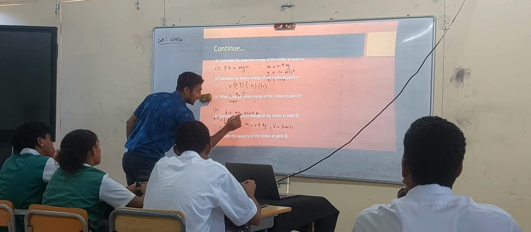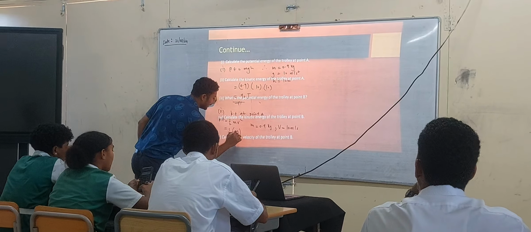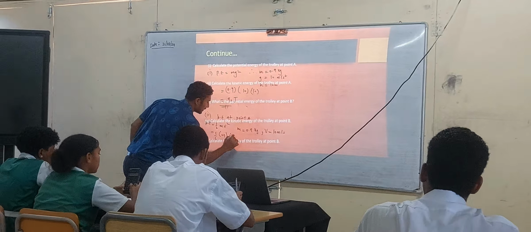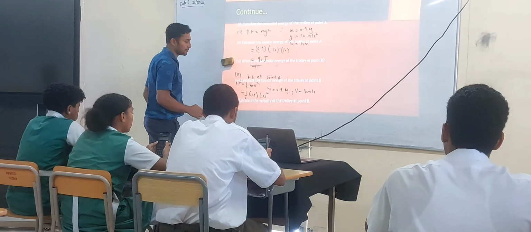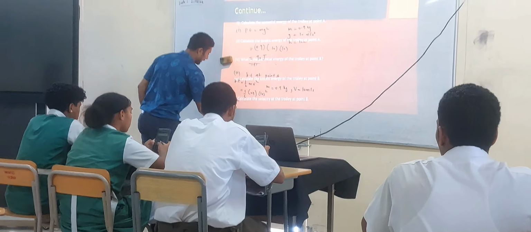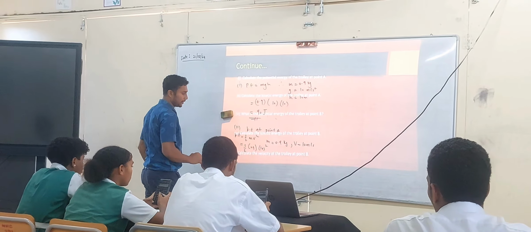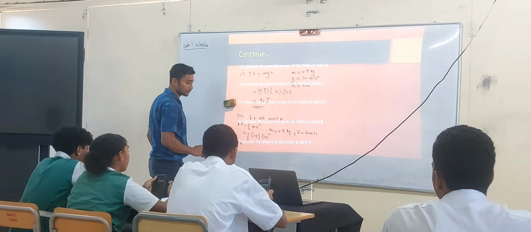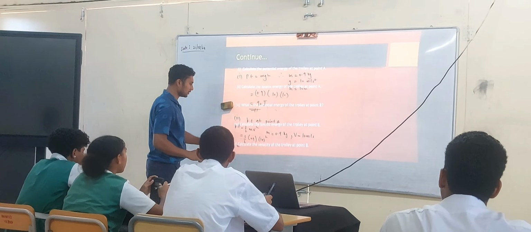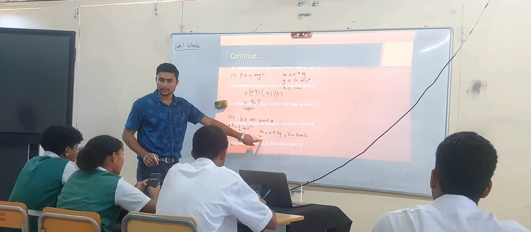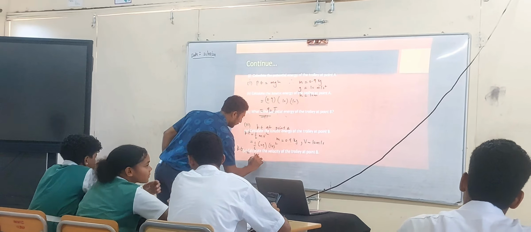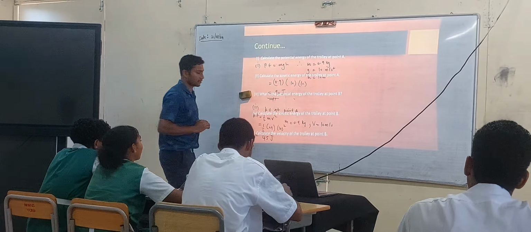So half, mass is 0.9, and velocity there is 10 squared. So half times 0.9 times 100, what do you get as kinetic energy? 45 joules. Right?